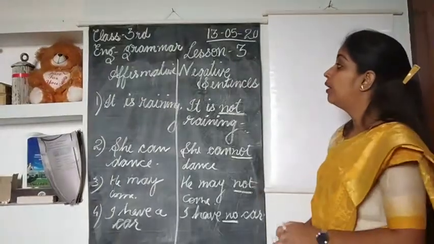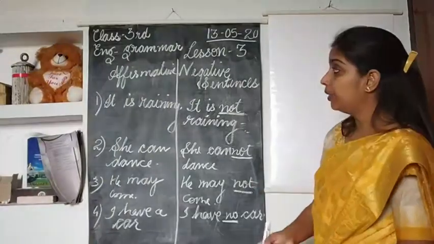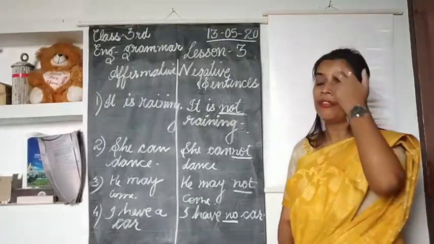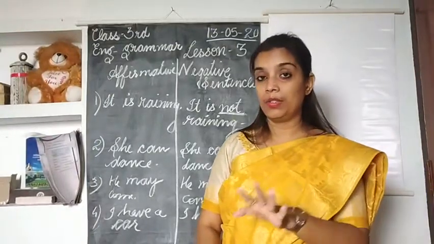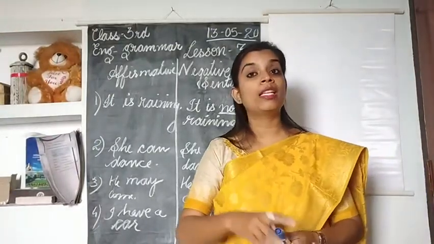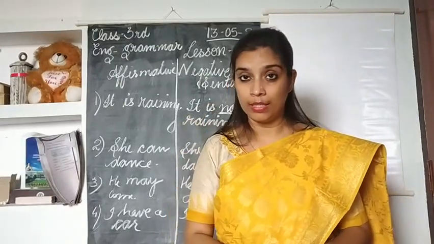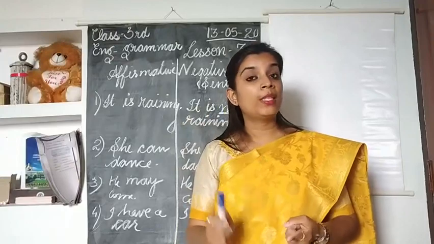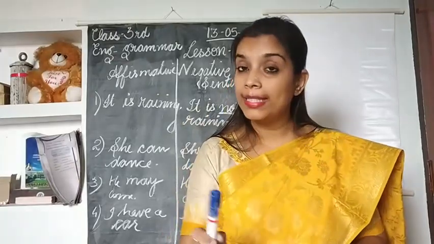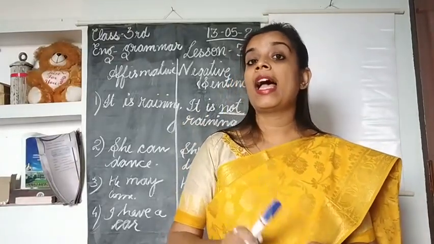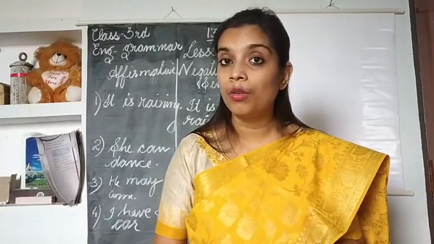Now I am going to tell you how to change an affirmative sentence into a negative sentence. I hope it is clear to you all what negative sentences are and what their features are. Children, always remember that negative sentences are always negative in nature and they have no, never or not in them.